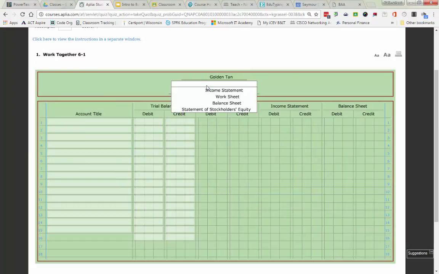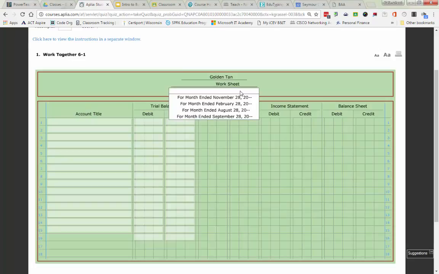The name of our document is going to be a worksheet. And then it tells us we're going to prepare on February 28th of the current year, Golden Tan has the following general ledger accounts, and the business uses a monthly fiscal period. So we're going to say for month ended February 28th, 20XX.